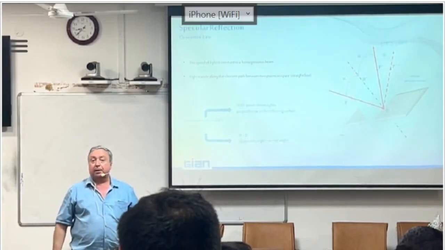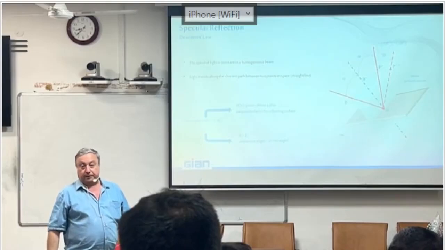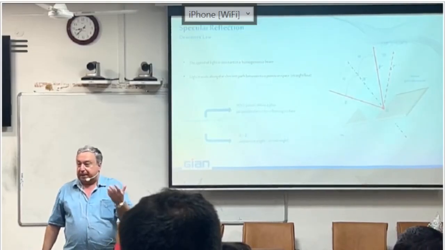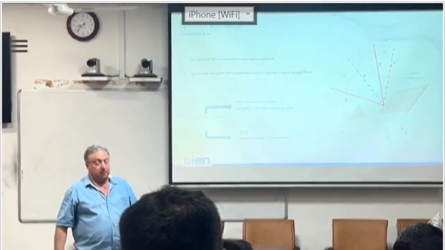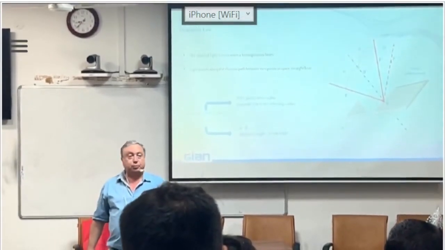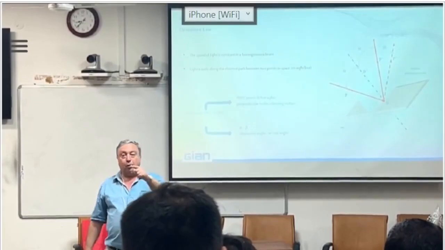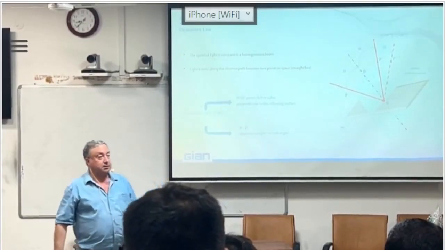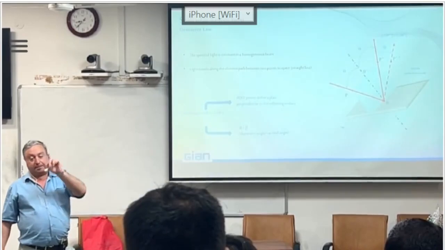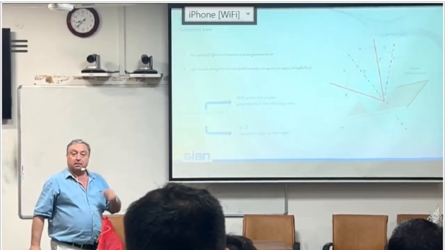This is the law of Snell. This is a physical law, but it can be explained just by the fact that nature always uses the fastest path, and the path with the fewest losses.